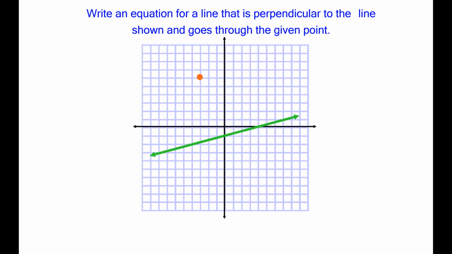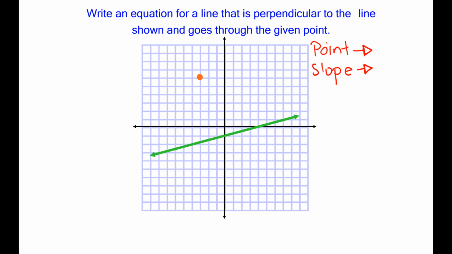Final problem here. Remember, sometimes you're just given the graph instead of the information in a sentence. To figure this out, I'm going to have to know the point, and I'm going to need to know the slope because I need a perpendicular slope.